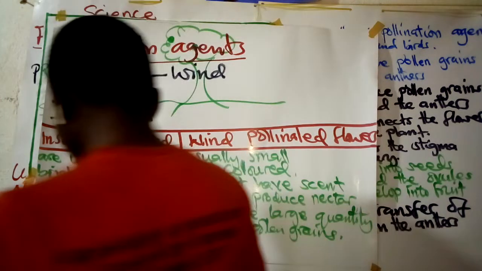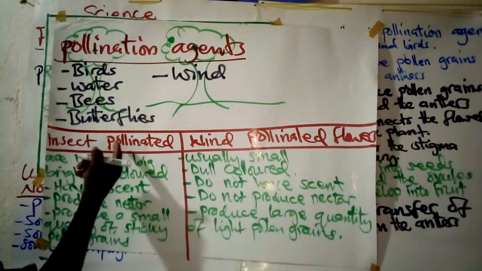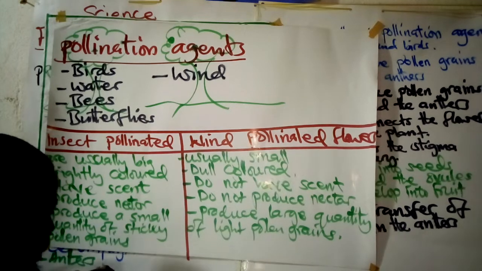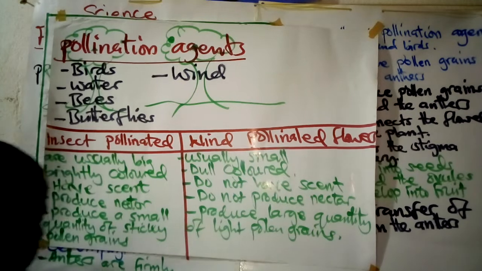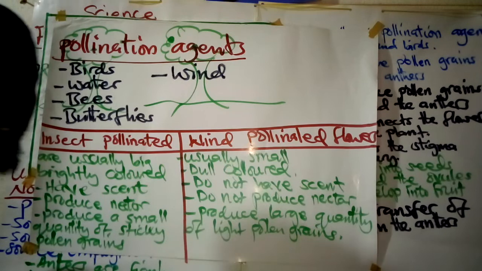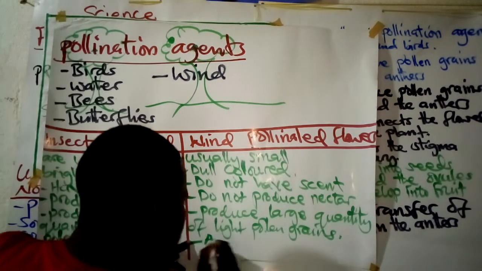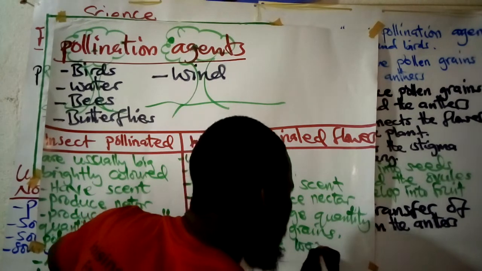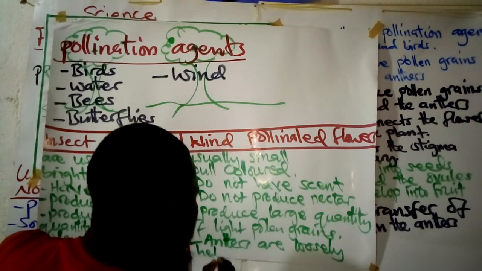All right. So the anthers of the insect pollinated flowers are firmly held. You're able to see that? While on this side, the anthers are loosely held.